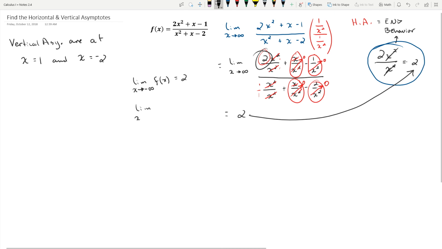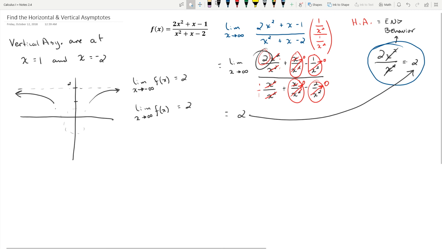As our limit of x is approaching positive infinity for our function, it's 2. That means that on our Cartesian plane, at 2, we have that horizontal asymptote, which the graph of our function is approaching. We don't know what's happening in the middle, but it is approaching that value of 2. So that is our horizontal asymptote.